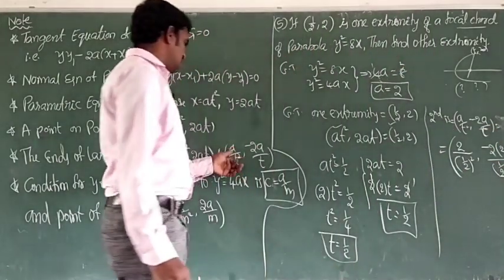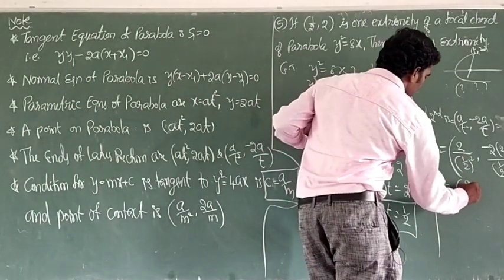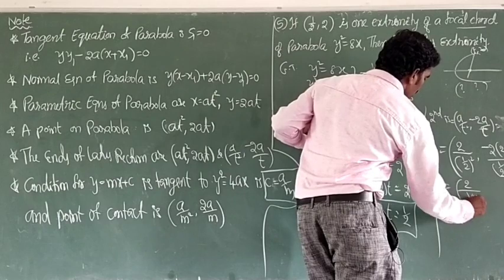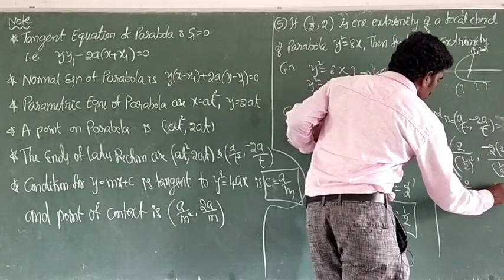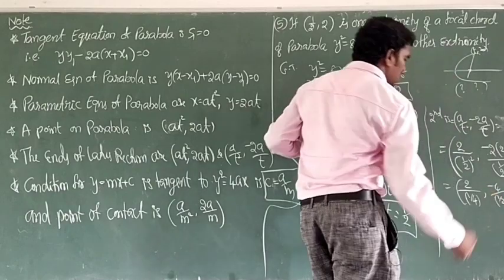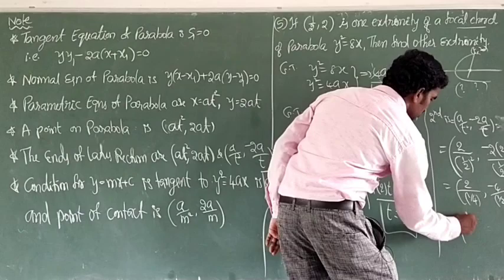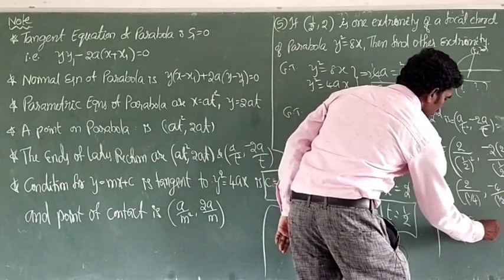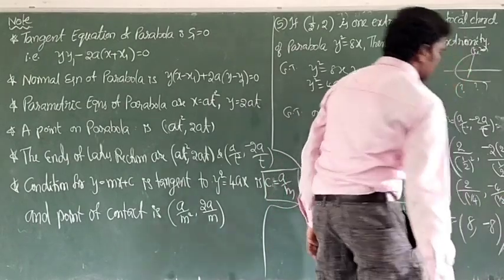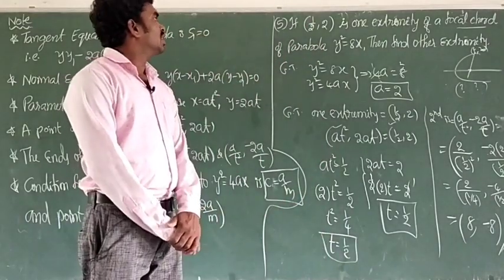Now (1 by 2) square is 1 by 4, so 2 by 1 by 4 comma minus 4 by 1 by 2. Whenever the denominator is a fraction, it goes to the numerator. So directly, 2 times 4 is 8, and minus 4 times 2 is minus 8. So (8, minus 8) is the second extremity of the given question.